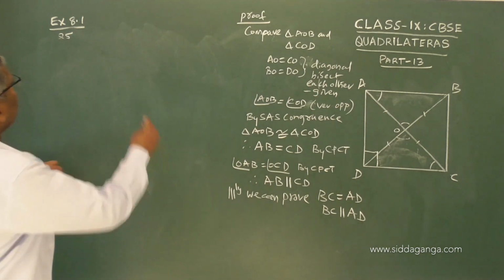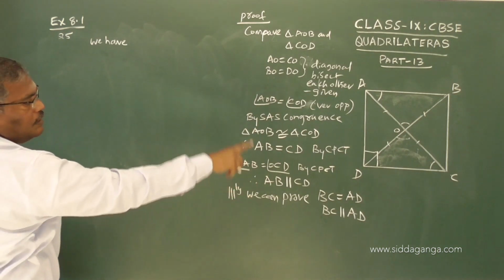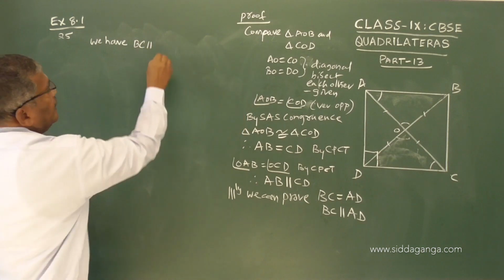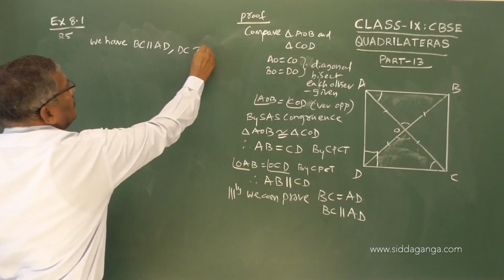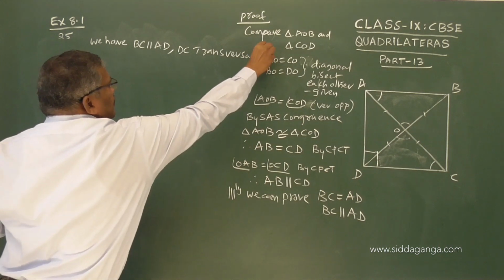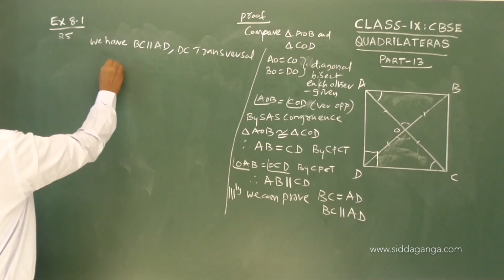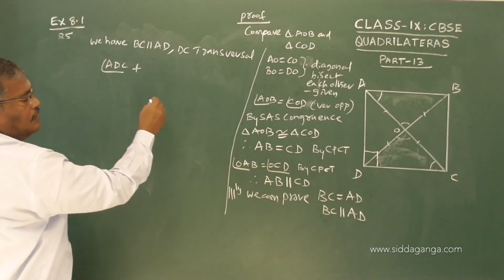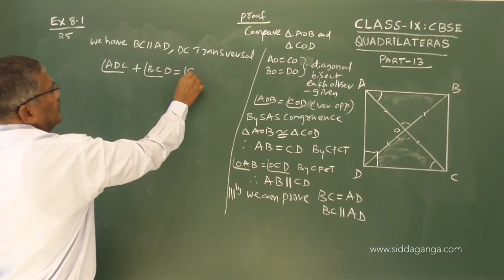So, angle ADC plus angle BCD must be equal to 180 degree.